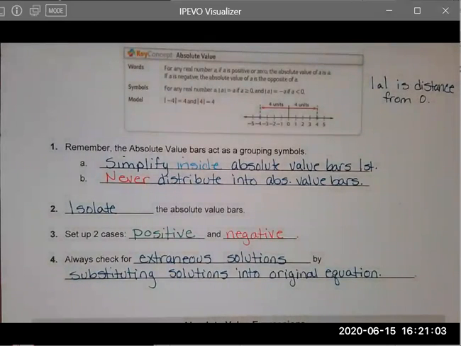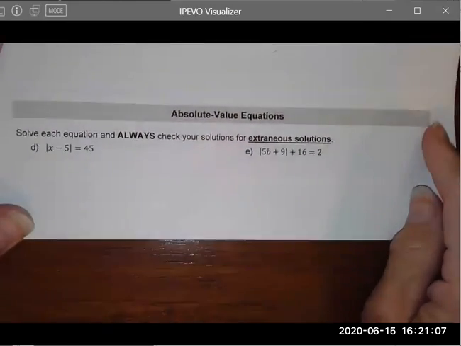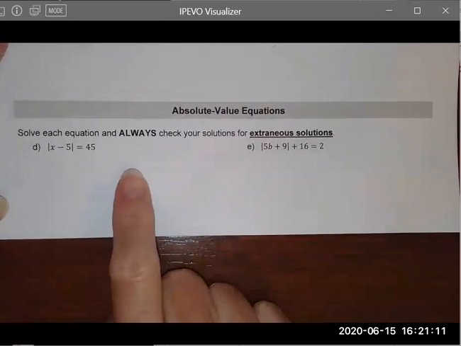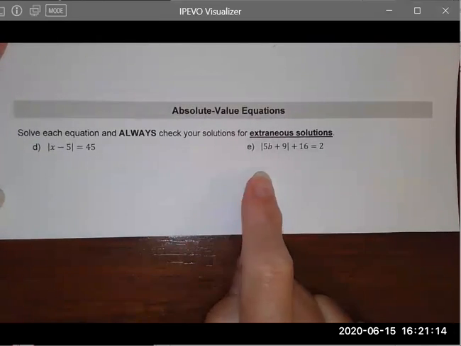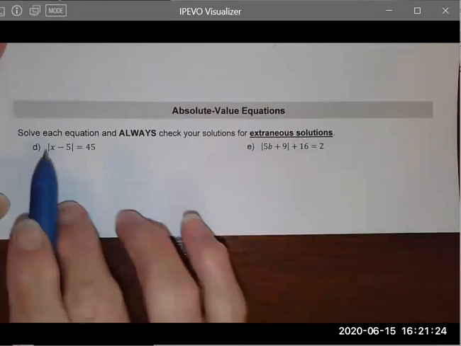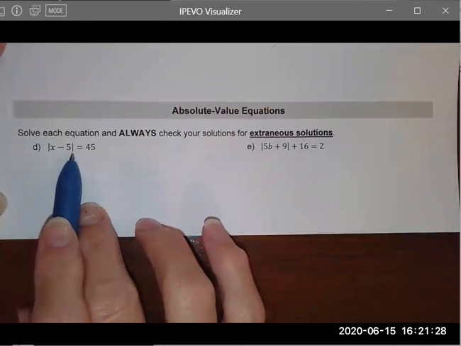All right, so I'm going to skip around here. Since we just talked about that, I'm going to have us look at some absolute value equations. We're going to solve each one of these, and we're going to check for extraneous solutions. So if we remember, the first step was to isolate the absolute value bars. And in this case, you'll notice the absolute value bars are already by themselves.